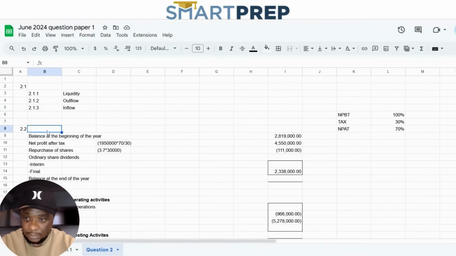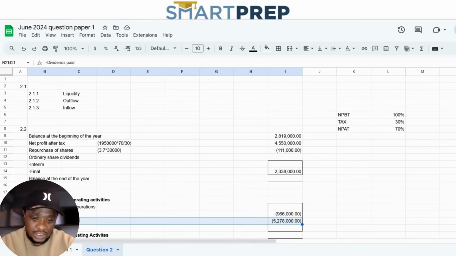Then we move on to cash effects from operating activities. We got our interest paid, we got our dividends paid. Now, this is where we get the information that allows us to calculate the interim dividend, because the answer sheet gave us the total amount of the dividends that were paid.